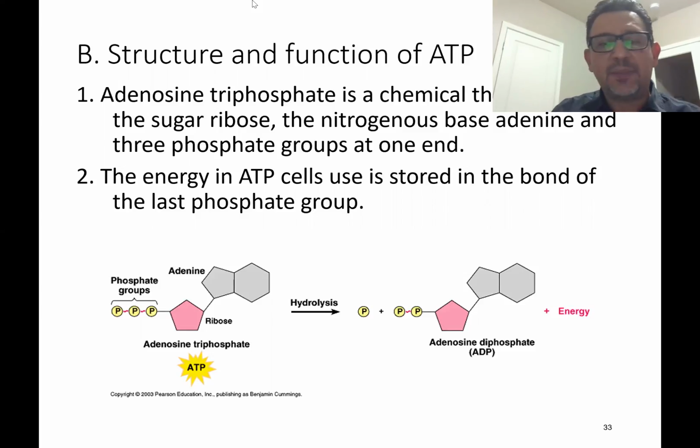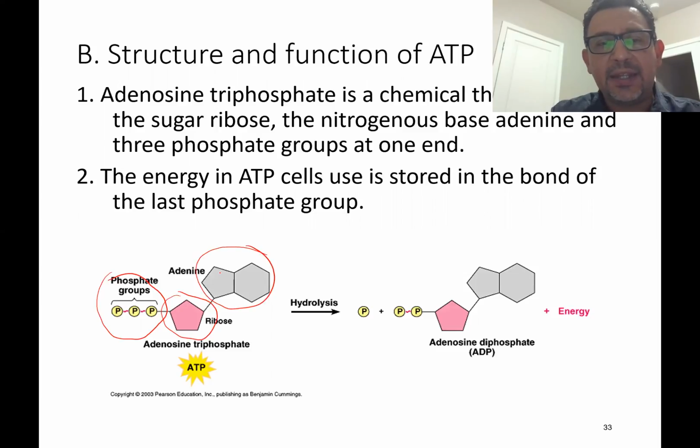A molecule of ATP is going to consist of 3 phosphate groups, and in addition to the 3 phosphate groups, there's going to be a pentose. A pentose is a 5-carbon sugar, which happens to be ribose, and there's also going to be a nitrogenous base, adenine.